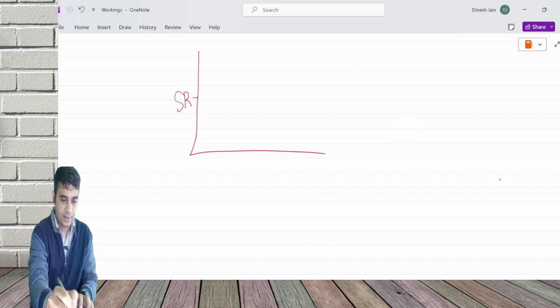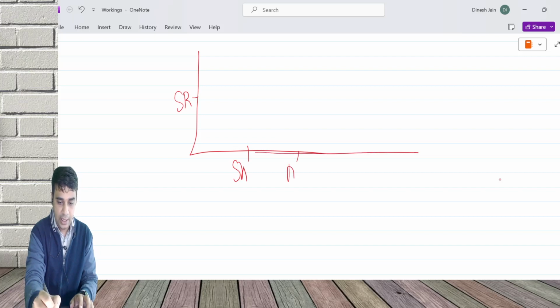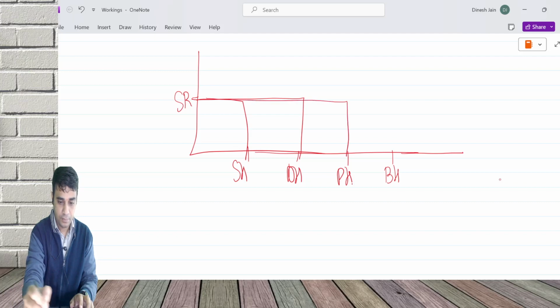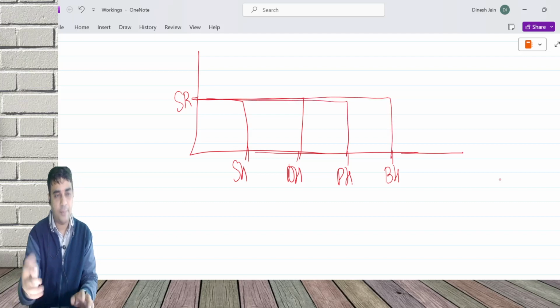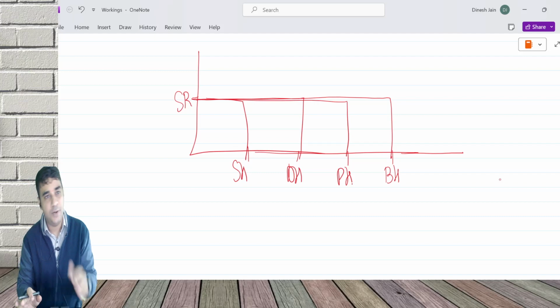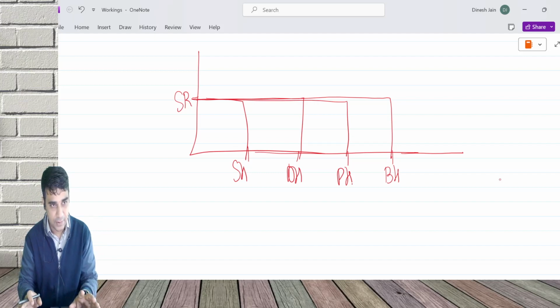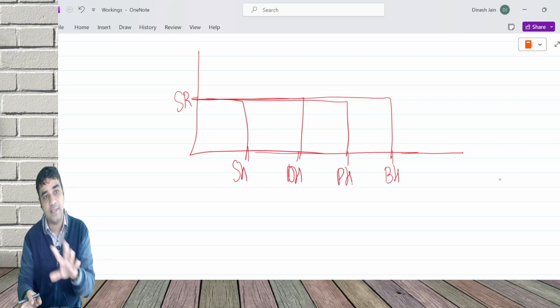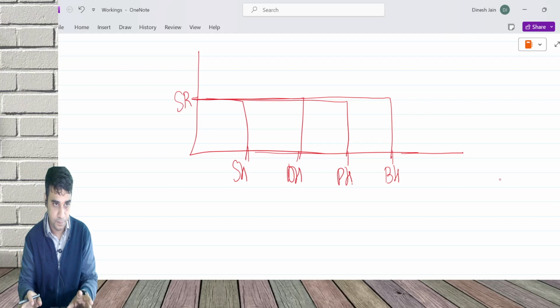SR this side, SH, AH, PH, BH. I'm not writing anything beyond this. I don't want the AFOH part and all. It doesn't serve any purpose here because we do not have anything for expenditure, so I cannot calculate a ratio.